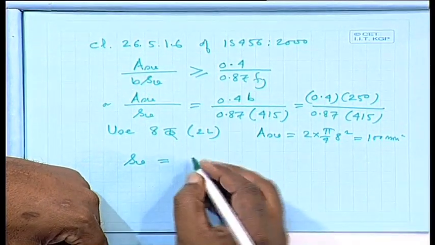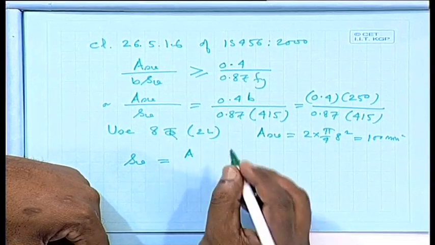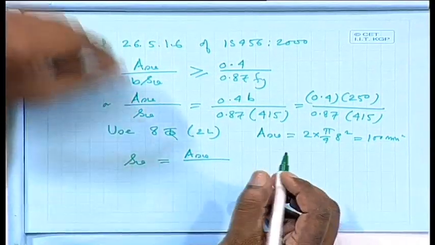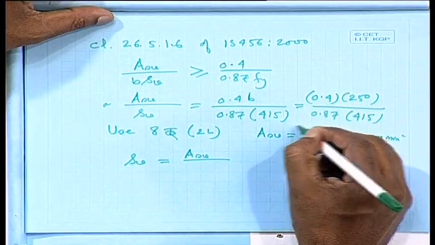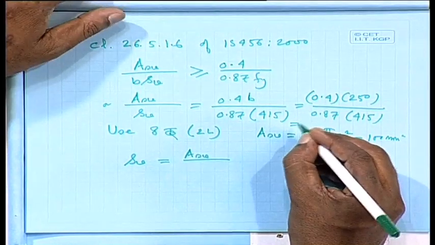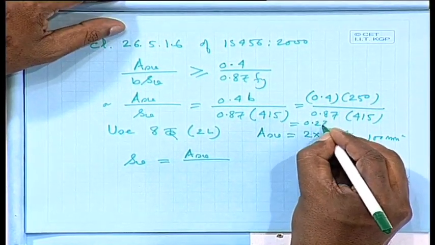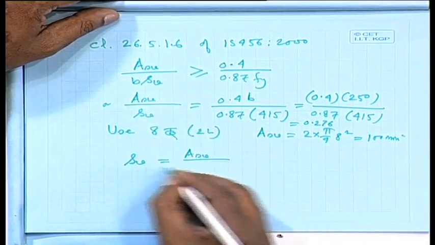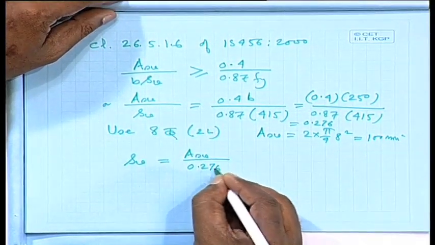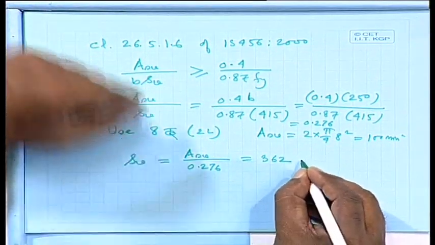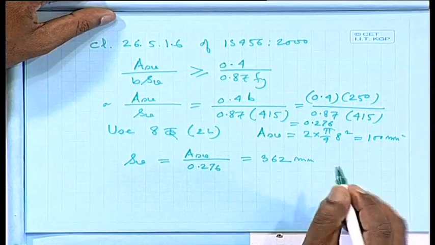SV equal to ASV by how much is this value? ASV by SV, which comes as 0.276. So, from there we can find out SV equal to 362 millimeter.